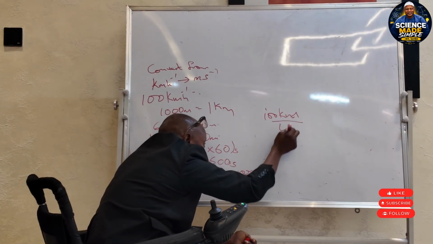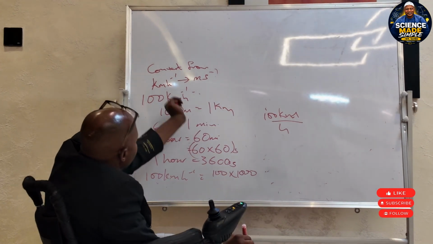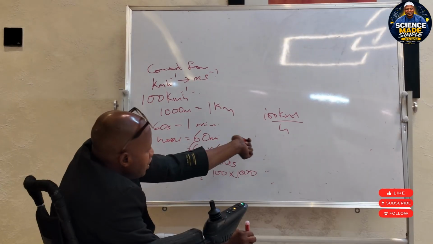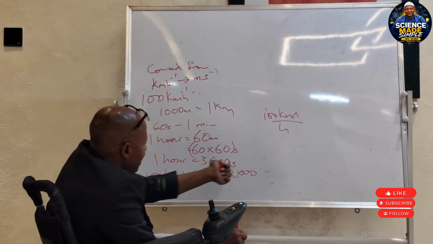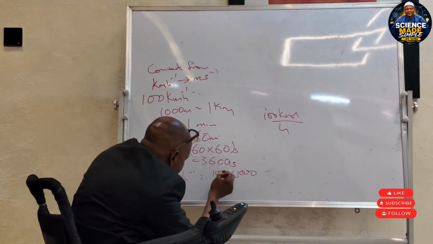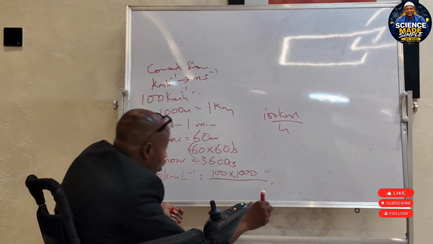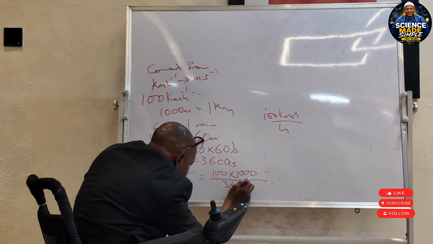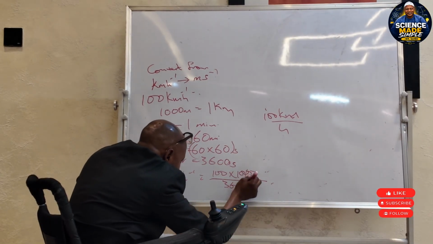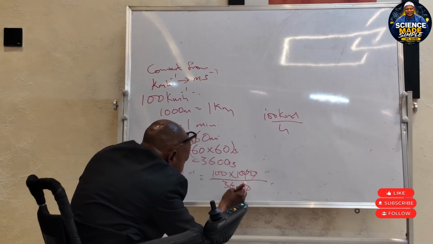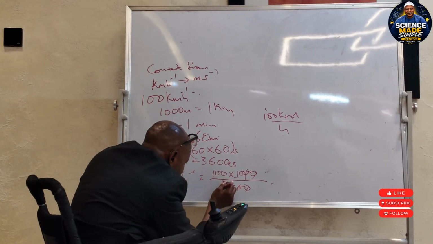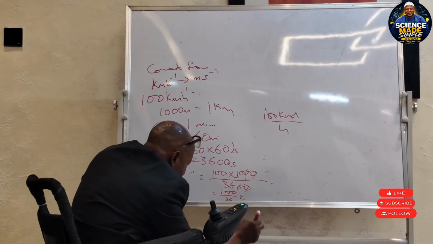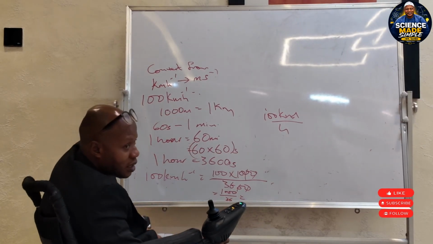If the h to the power minus 1 comes down, it will be a division line, so the hour will come down. It will be divided by how many seconds make 1 hour, 3600. So it will be 100 times 1000 divided by 3600. Whatever you get is the answer.